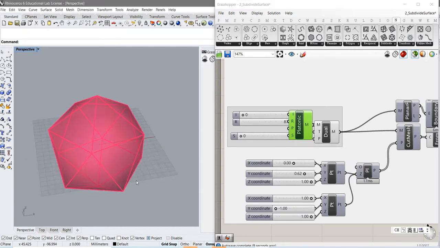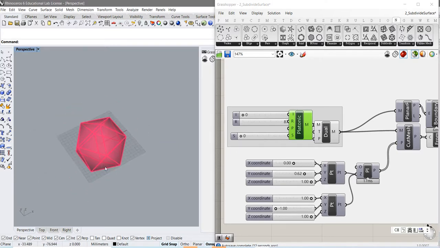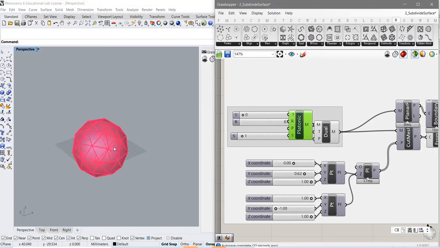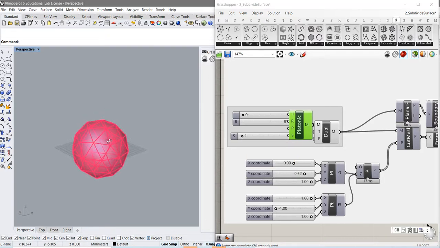So it shows you an icosahedron, which is an object consisting of 20 triangles. With first level subdivision, each triangle is divided into 4 subtriangles, and then the vertices are projected onto the sphere that encloses this icosahedron.